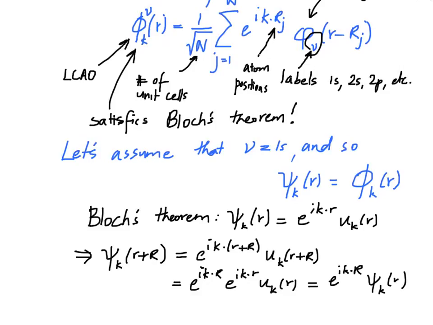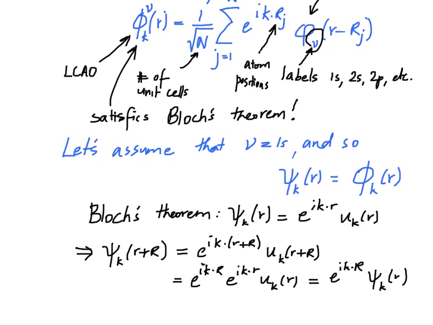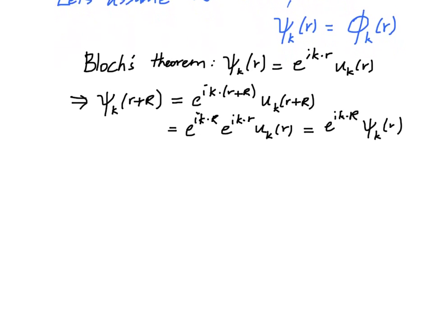Or alternatively, what we are trying to do is show that psi k of r as prescribed within the tight binding method satisfies Bloch's theorem. That's essentially what we are going to do next. So let me give myself a little room.